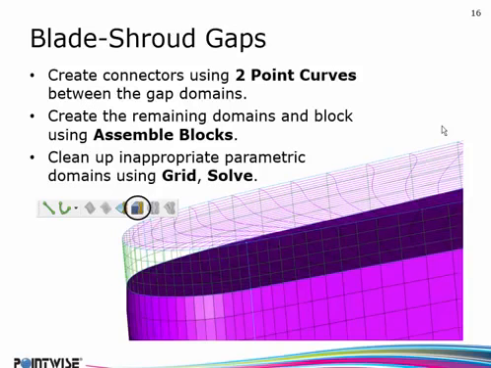Yes? Would it also be possible to extrude the first domain towards the second database and then project the last domain you got to the database? I'm not following you. Sorry.